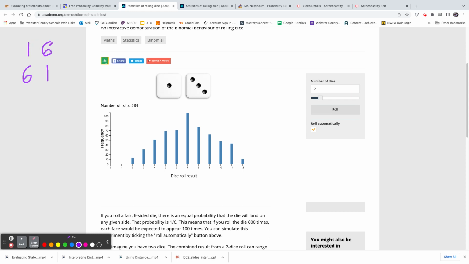This is the first dice, the second dice. First dice, second dice. I could have rolled a 2 with a 5, a 5 with a 2, a 3 with a 4, a 4 with a 3, and I think that's it.